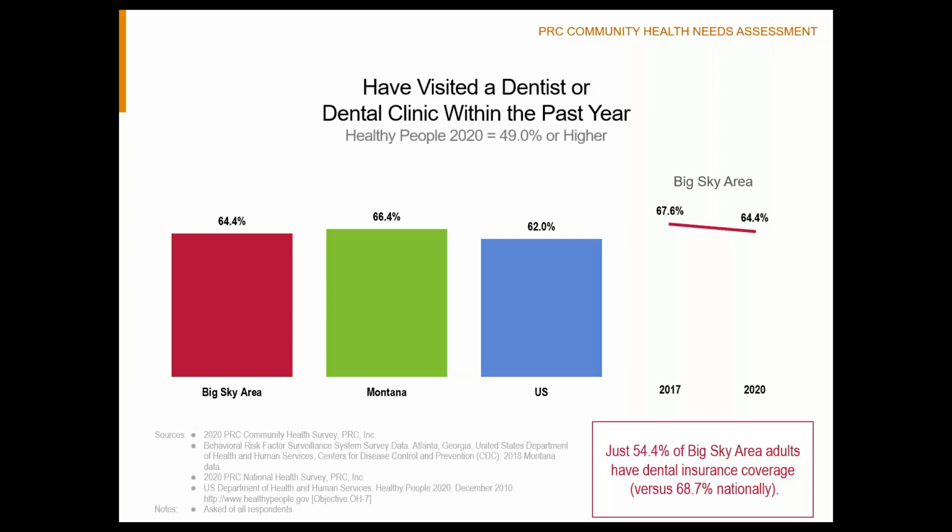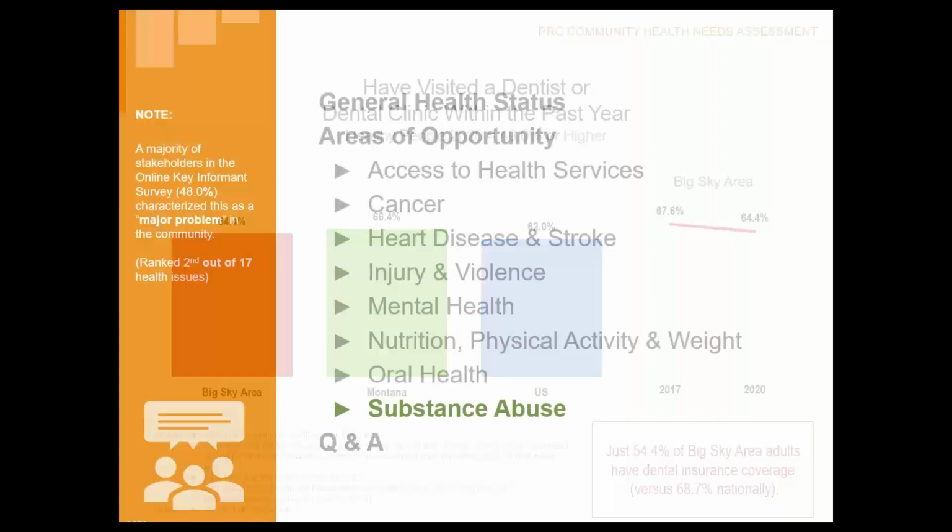However, when we asked if they had dental insurance coverage, which clearly could contribute to people's willingness or ability to access dental care, obviously cost is a major barrier for many people, we see a relatively low dental insurance coverage at just 54.4%, versus 68.7% across the US.